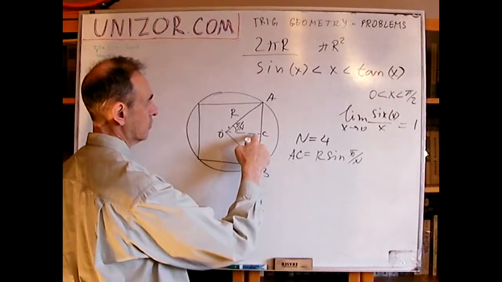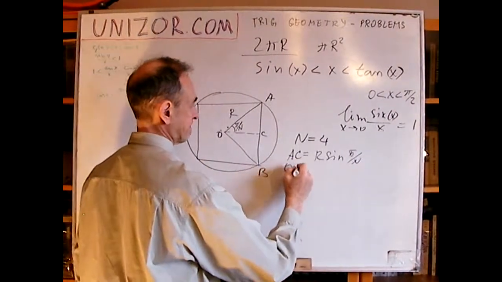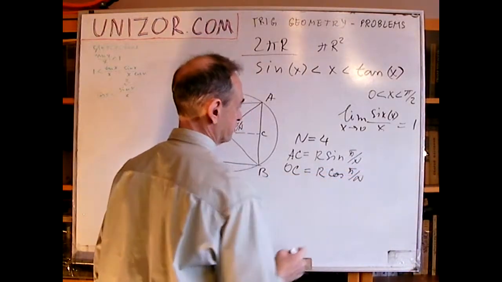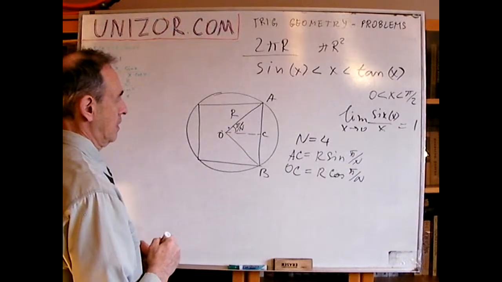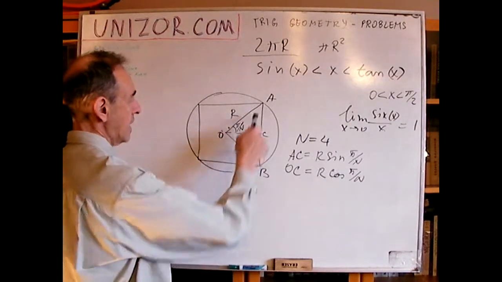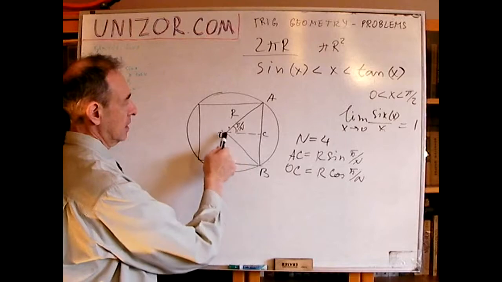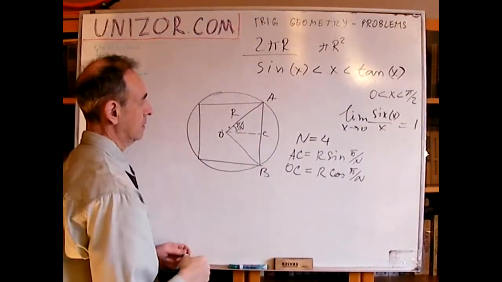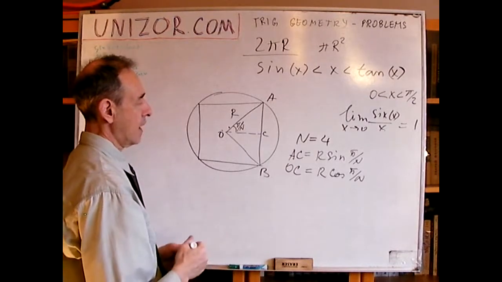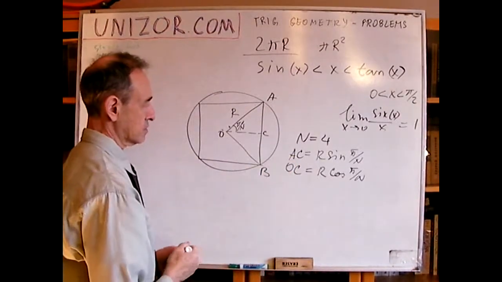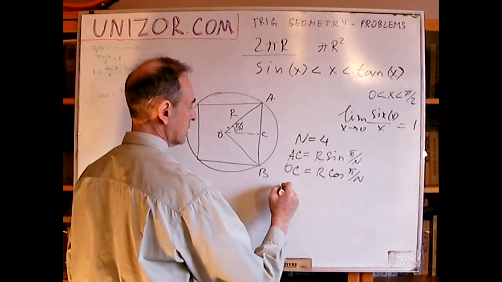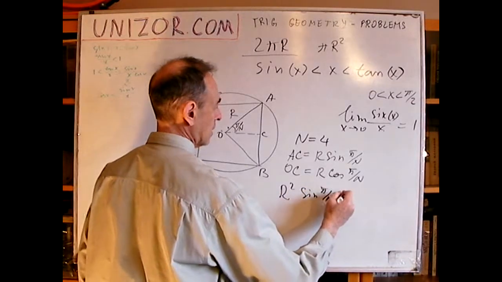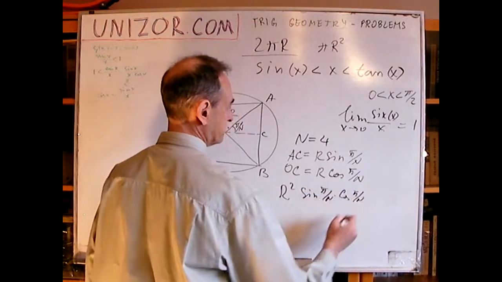Now OC, which is an altitude, is r cosine pi over n. Okay? Now, AC is half of the base. Now OC is the altitude in this triangle, and therefore the area is equal to the product of these two things, right? So the area is r squared sine pi over n cosine pi over n.